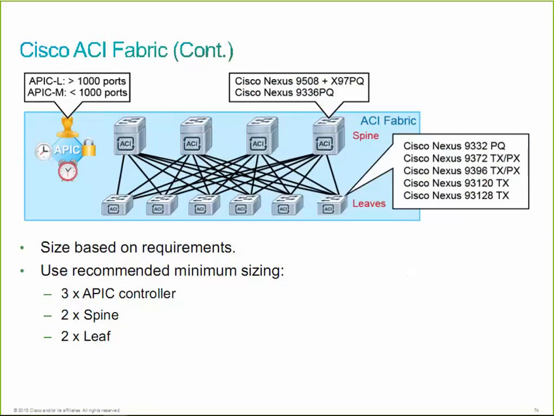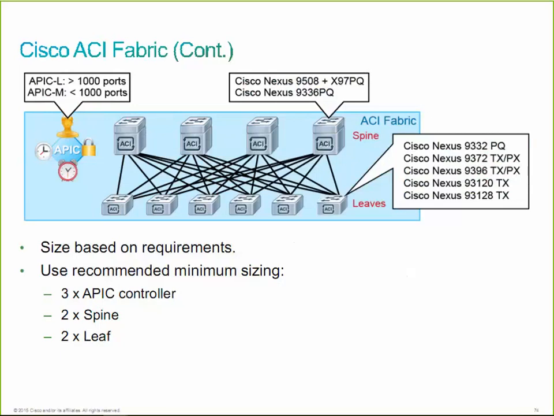Huh? No? Okay. Yeah, so you might see it on a different test. It wasn't on your test, but yeah. So 3 or more APIC controllers. Those will be dual connected to different leaf switches so that we can have that resilience and that redundancy.